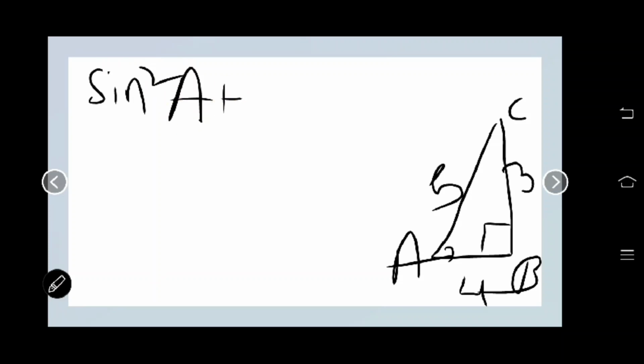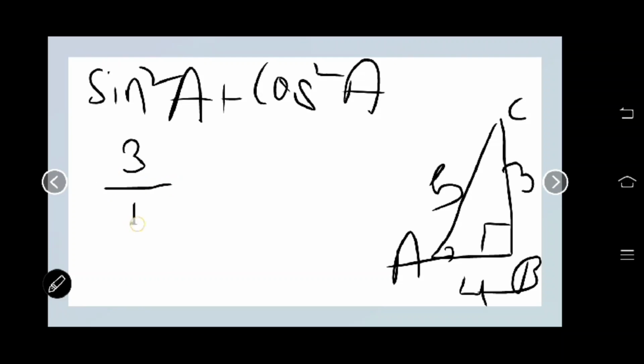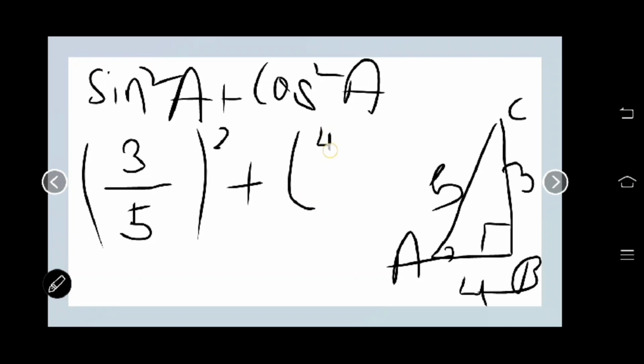Sine square A plus cos square A. What did we get when we did sine A? We got 3 by 5, so 3 by 5 whole square, plus cos square, and we got 4 by 5, so 4 by 5 whole square.